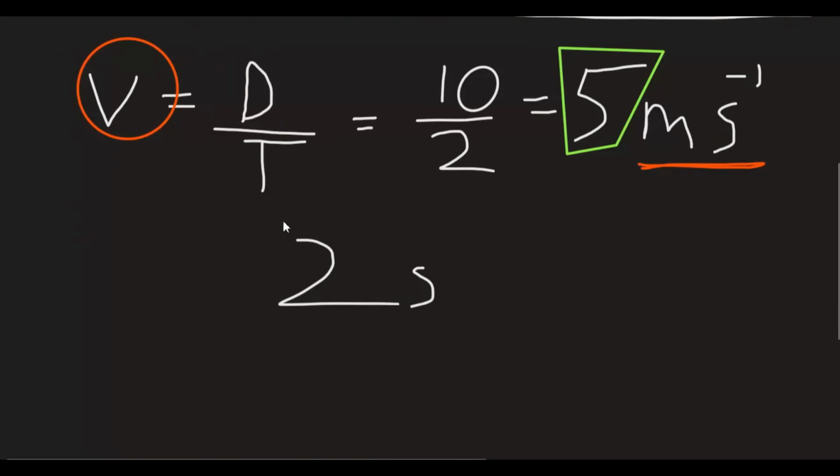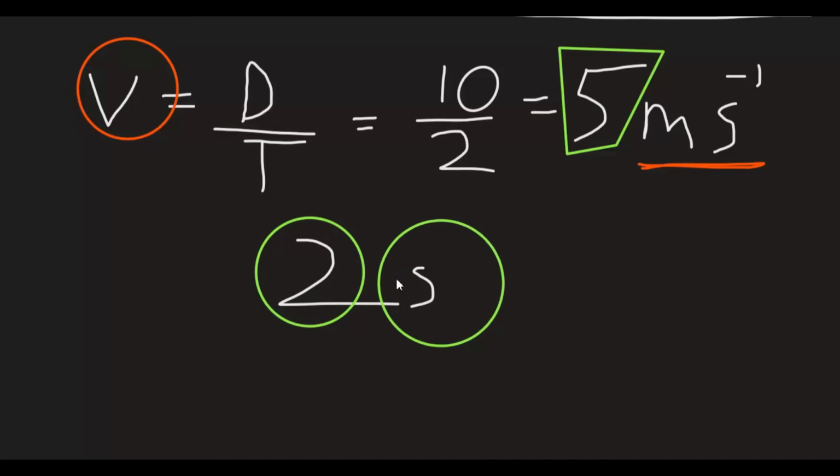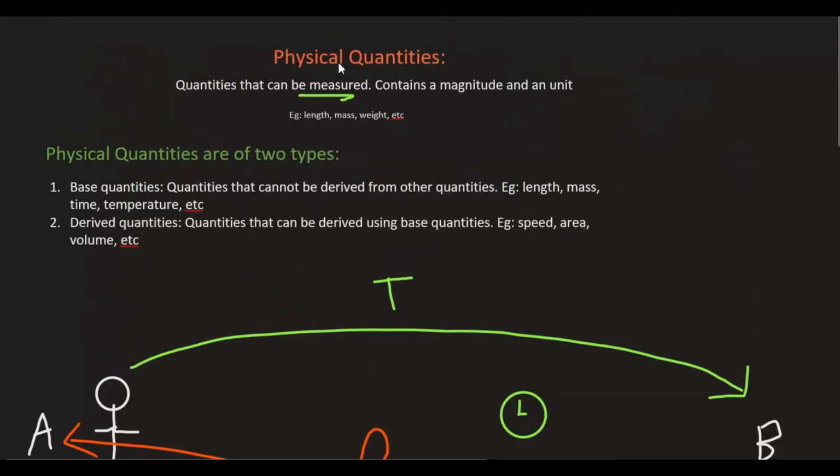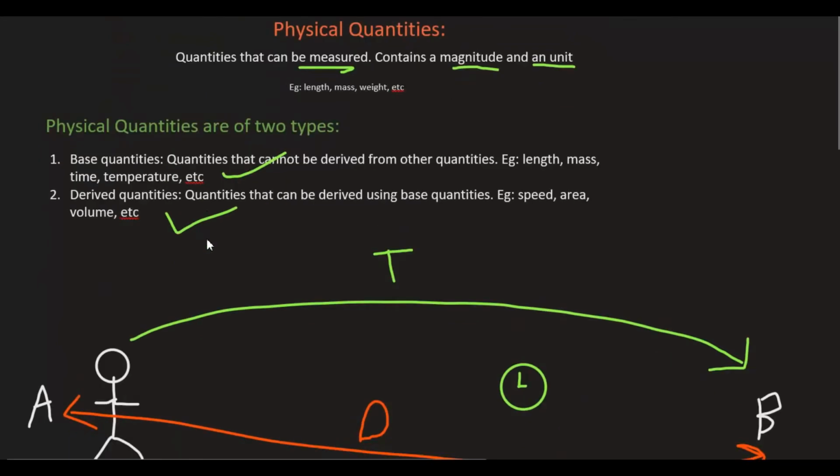So this 2 seconds has a magnitude and it has a unit. So by definition, every physical quantity will have a magnitude and a unit. Okay, so let's see what's this about. We have one base quantity and we have one derived quantity.